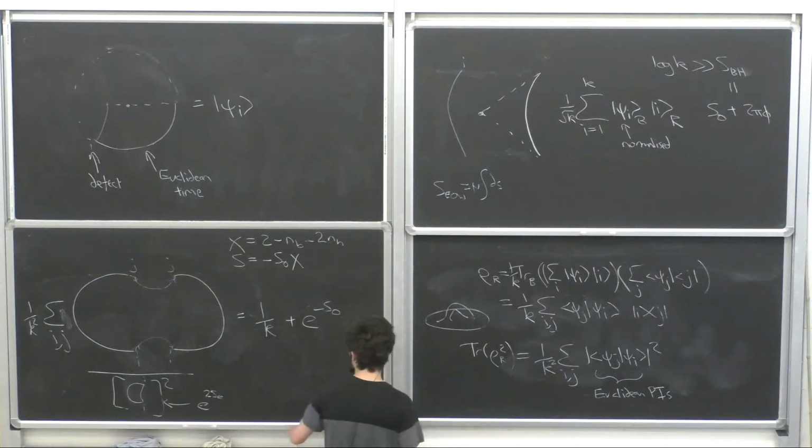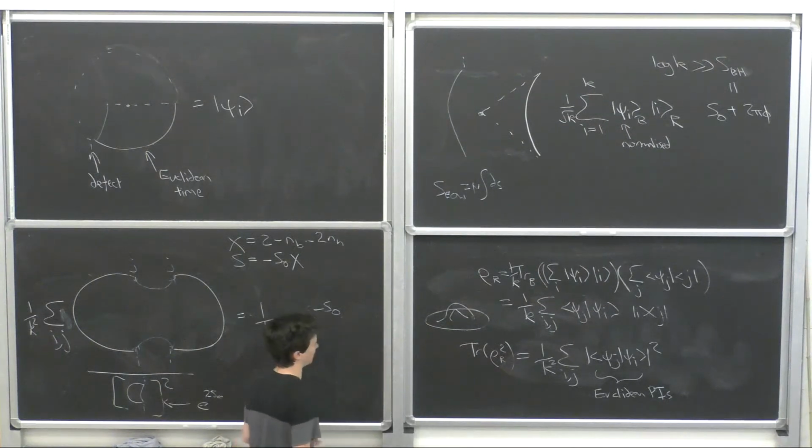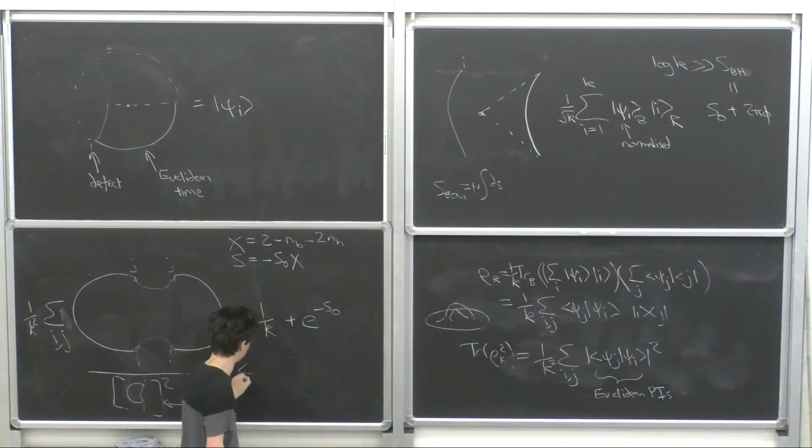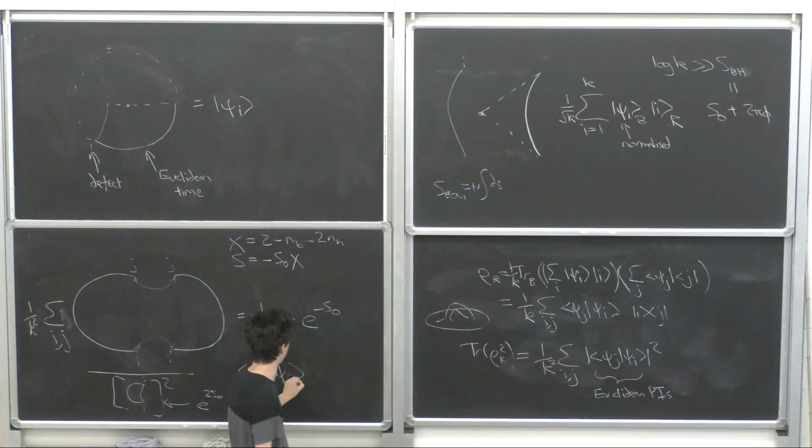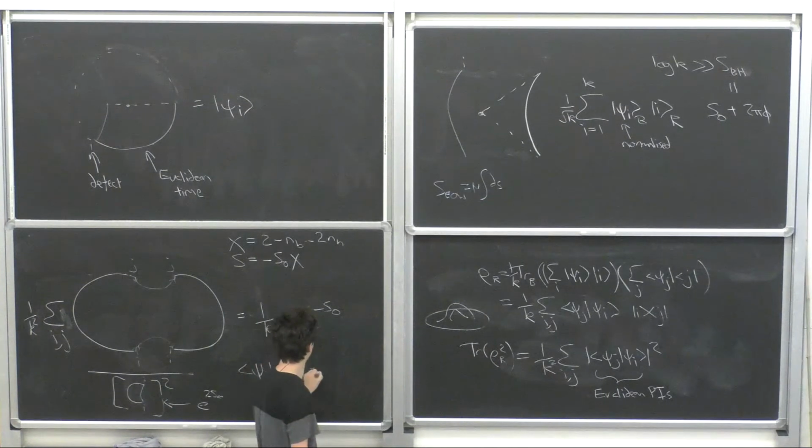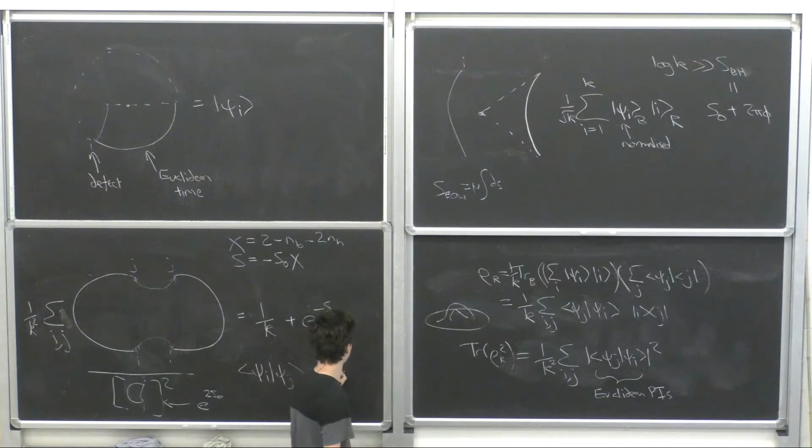So in particular, there is a boundary dual to this theory that is an ensemble dual. It's averaged over a whole ensemble of theories. And in that dual, for I not equal to j, this looks like delta ij plus something that's roughly e to the minus S naught. It's a bit different to that, but never mind.